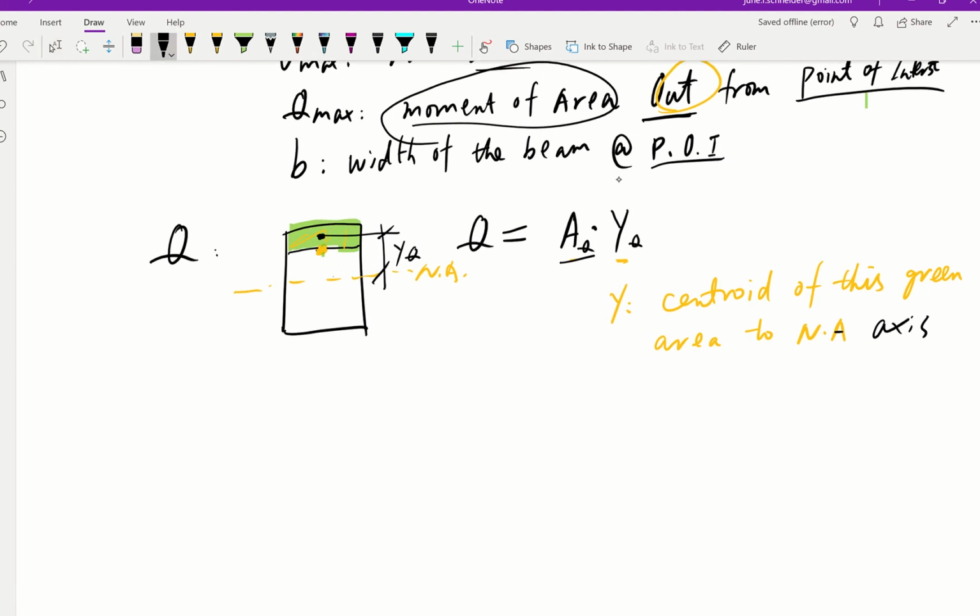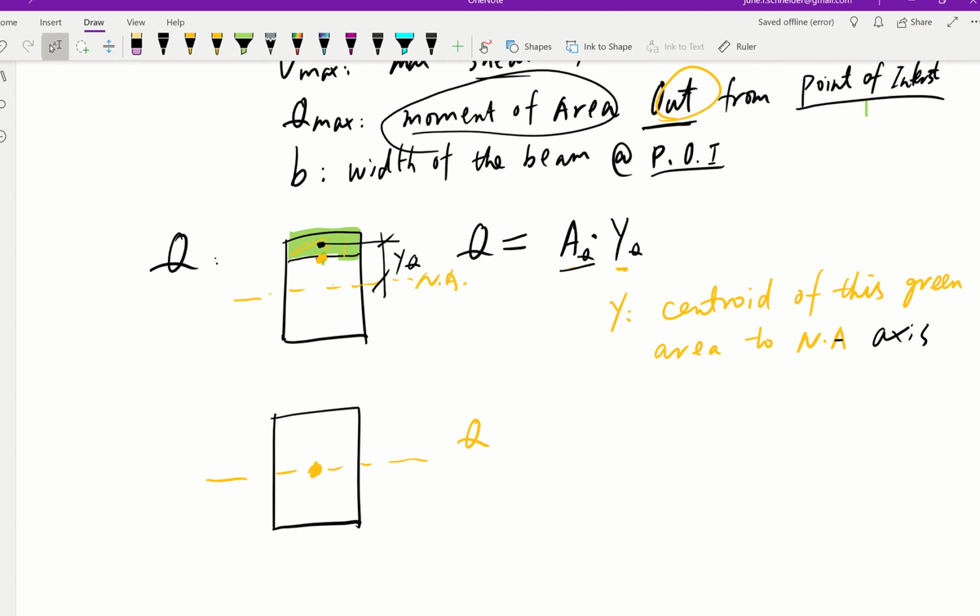I'm going to make a more specific scenario. If now my point of interest is right at the neutral axis, that is my point of interest. I want to know what's going to be my y, what's going to be my Q at that point, moment of area of that point.